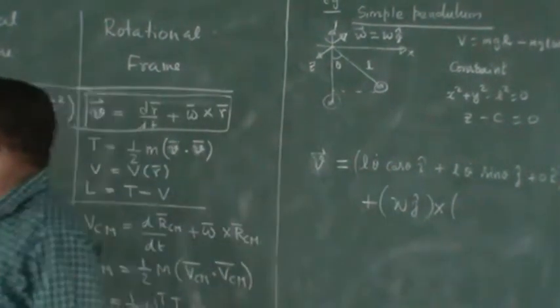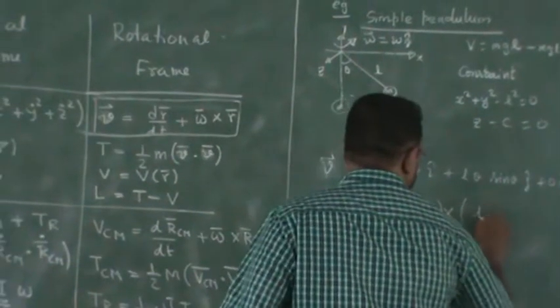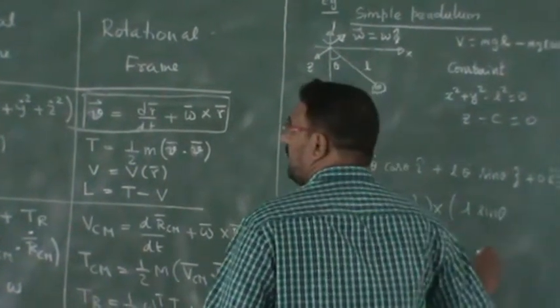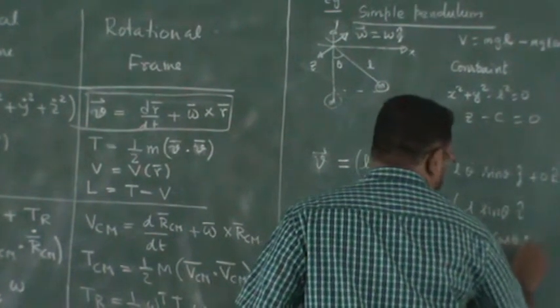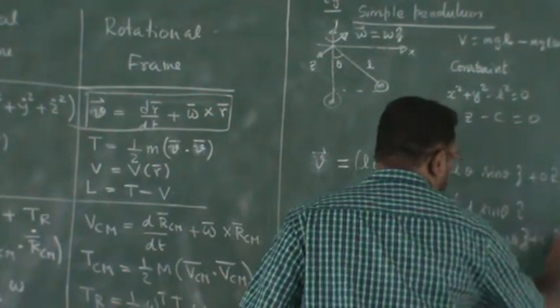The r vector is L sin theta i cap minus L cos theta j cap plus some constant times k cap.